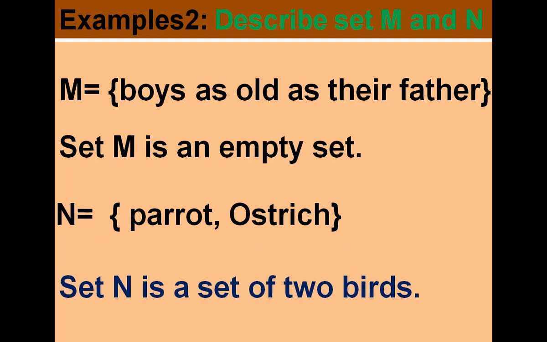We can describe set N by saying that set N is a set of 2 birds. Yes, we are right, because an ostrich is a flightless bird, whereas a parrot is also a bird. So these are 2 birds. So we can describe set N and say that set N is a set of 2 birds.